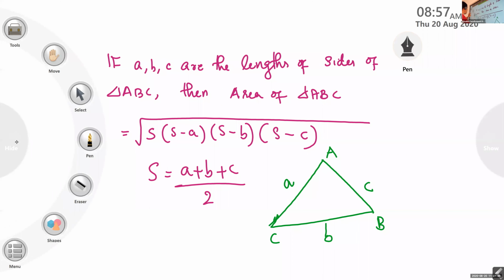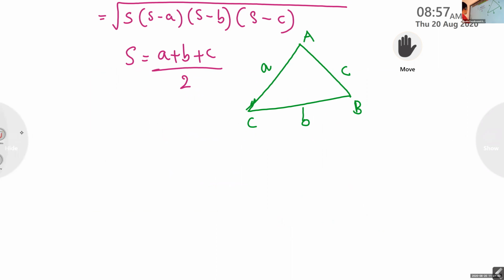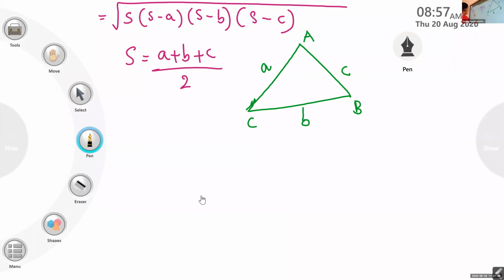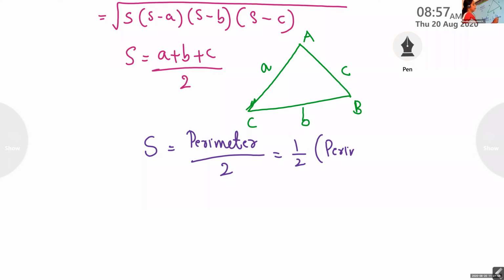In another way, we can write S equal to perimeter by 2, or half of perimeter. This also you note down.